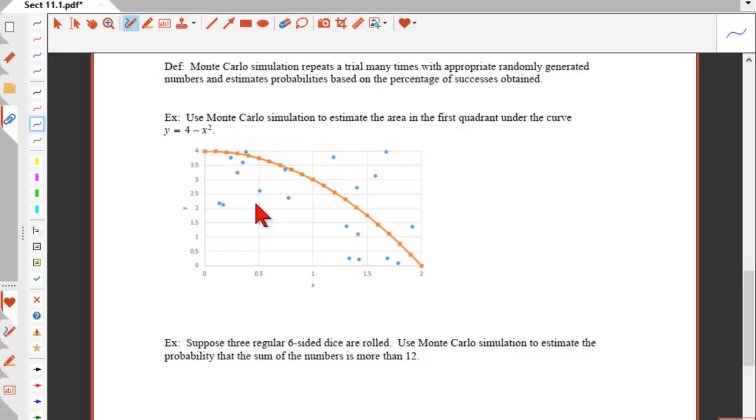So what you need to do is find a person who is really, really bad at darts, and then also print this out large and put it on the wall. And then you have the person throw darts at this figure. The blue dots here are the result when I did that.